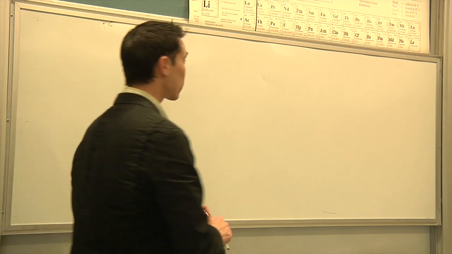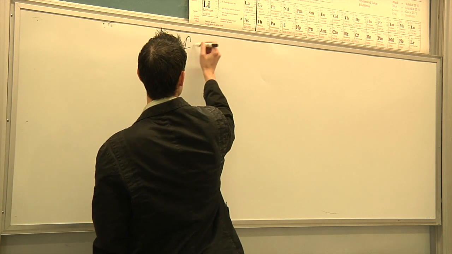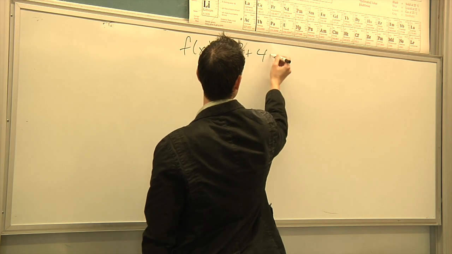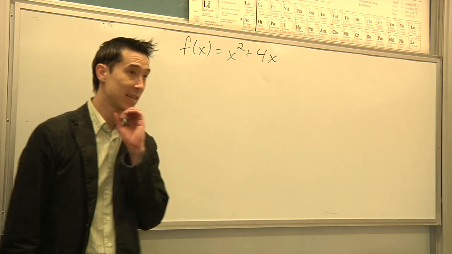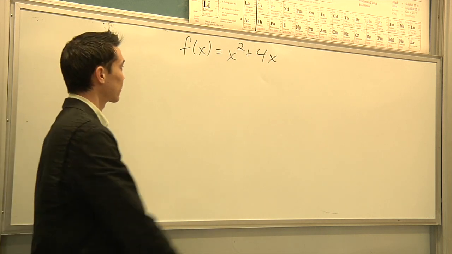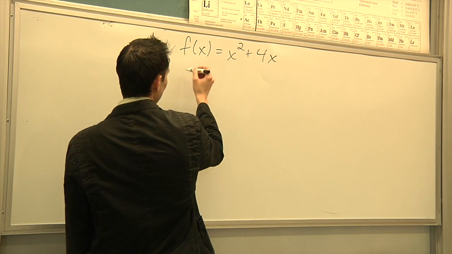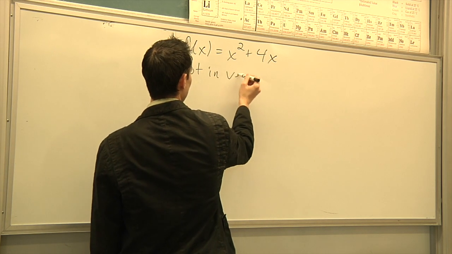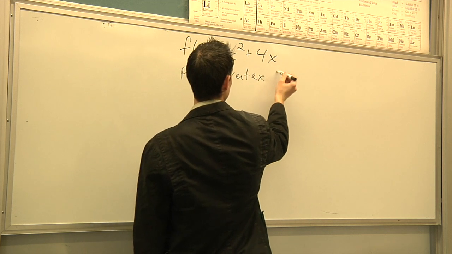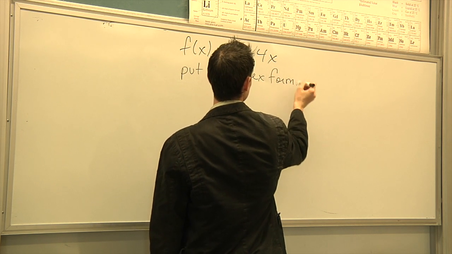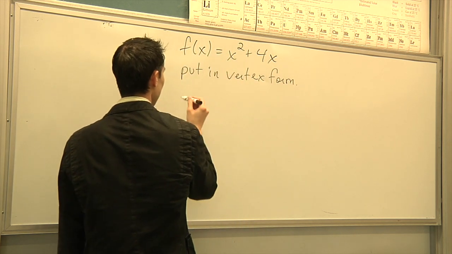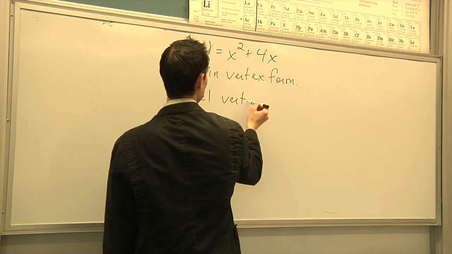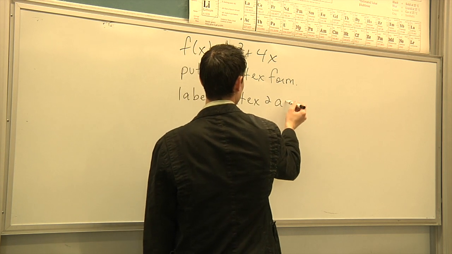F of x equals x squared plus 4x. Okay, now here's the question. Put in vertex form, label vertex and axis of symmetry.